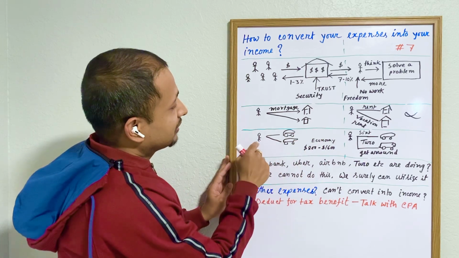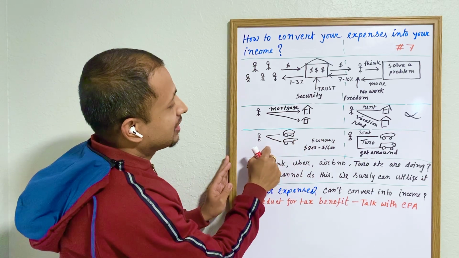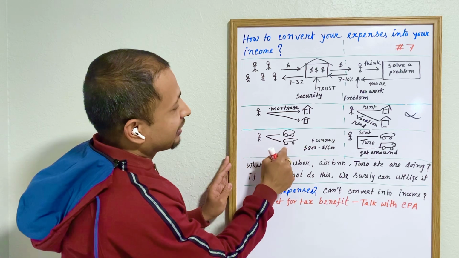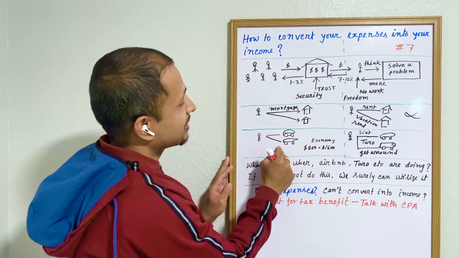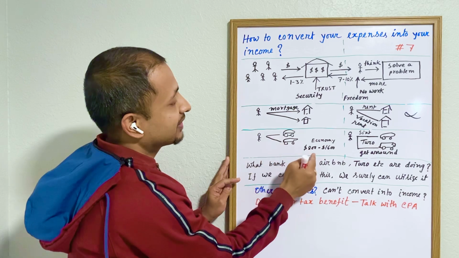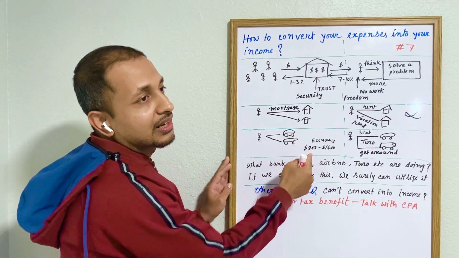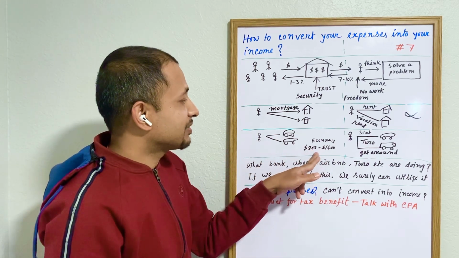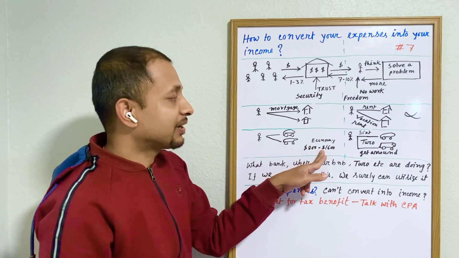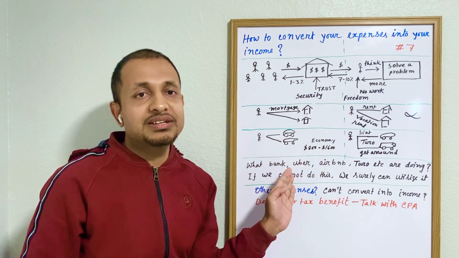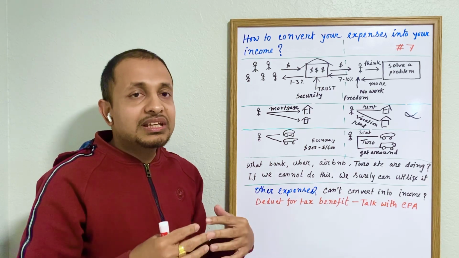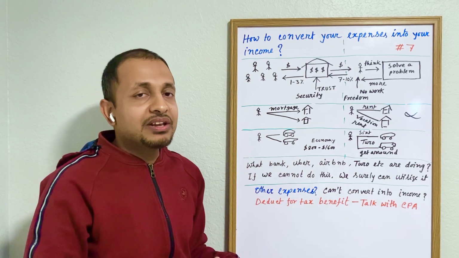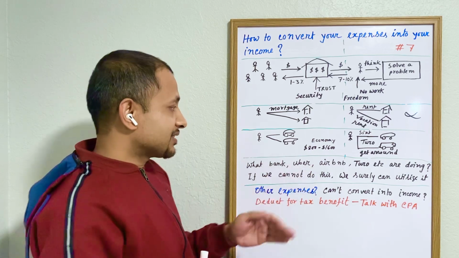Now you see this car payment or expense can be converted into income. If the car payment is about $500 per month and he gets on average $1,000 per month, then after paying his payment he is making an additional $500.